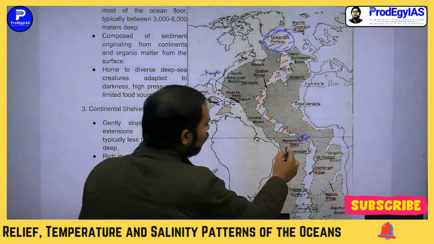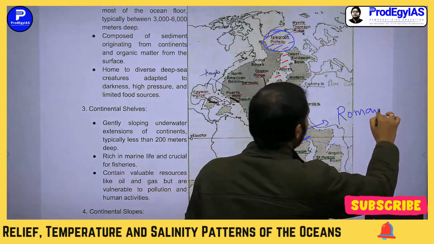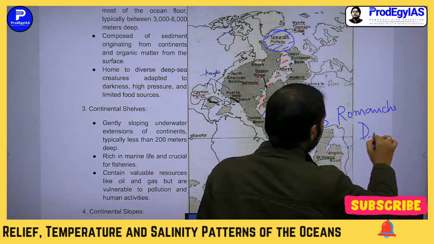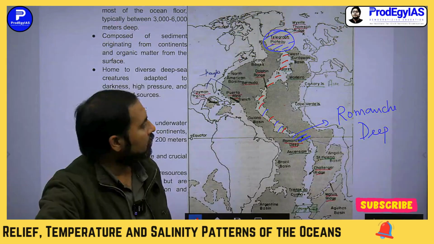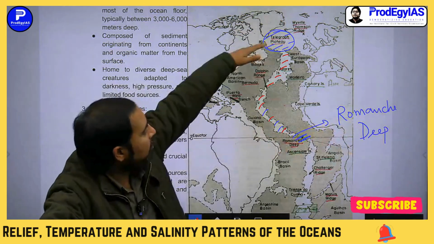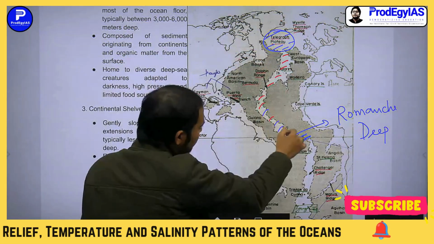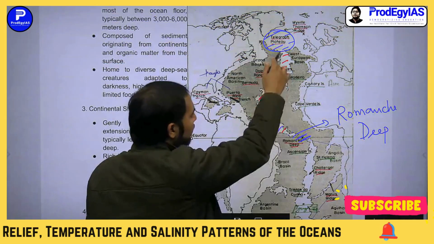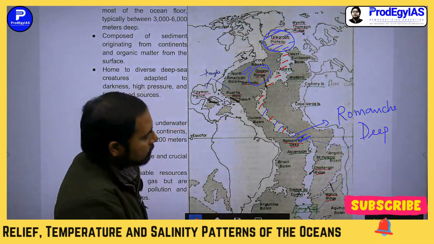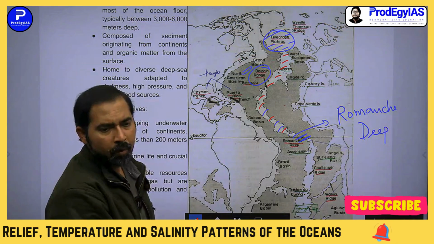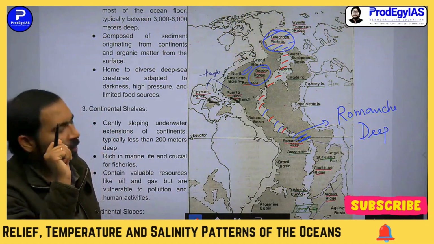This deep is known as Romanche Deep. Romanche Deep means there is a cut. The northern part of the Romanche Deep is known as Dolphin Range. This is just like a mountainous ridge system. This is the longest ridge in all the oceans.